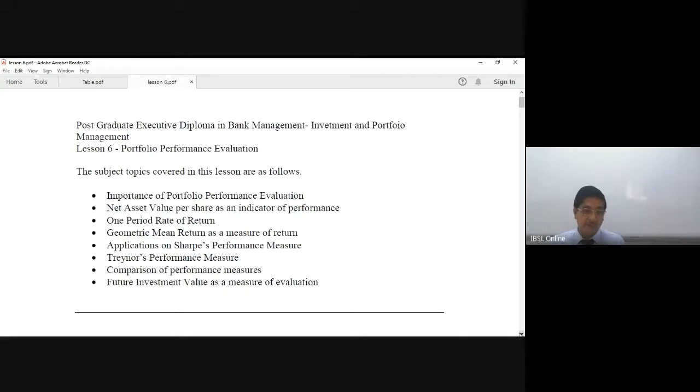I think in this lesson, this will be a valid type of model for performance measurement of investment. You will see different mathematical indications in the last one, that is future investment value as a measure of evaluation.